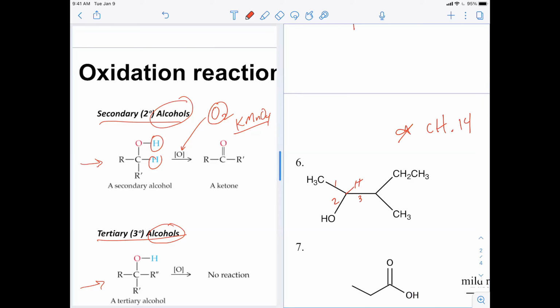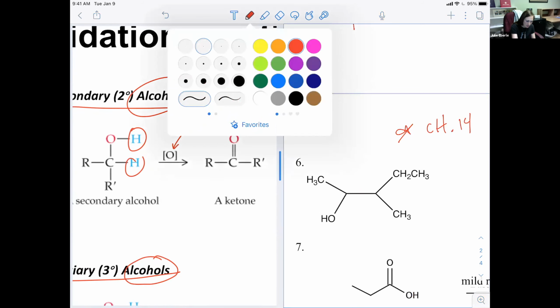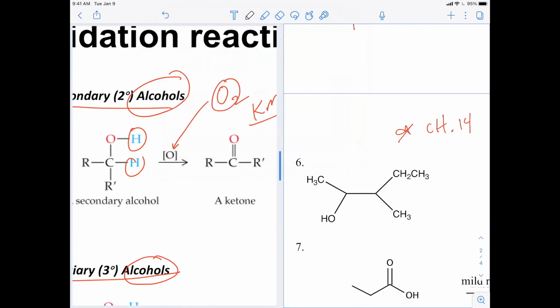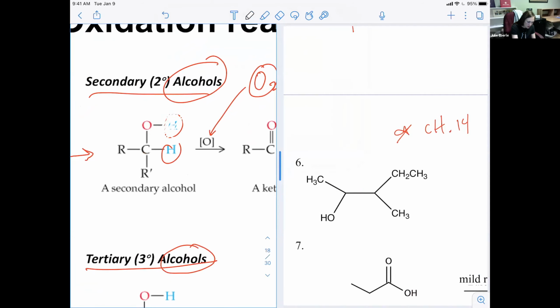Okay, but the way I drew it, with this OH, this H disappeared and I had a double bond to oxygen right down here. Yep, the H's go away. See, because I have 4 bonds now. This will go away, and this will go away.